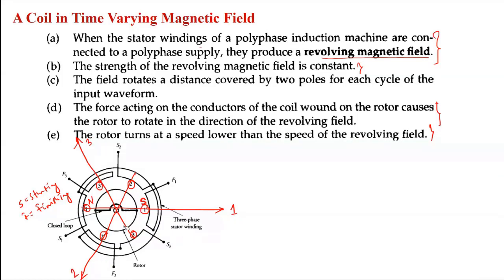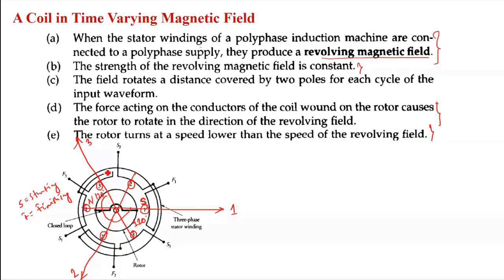Now what we are observing here is 2 is lagging 1 by 120 degree, and coil 3 is arranged in such a way that its magnetic axis is lagging 120 degree by coil 2, or plus 120 degree from coil 1, right? So that means these coils are distributed 120 degree apart spatially, in the space of the stator or some core.